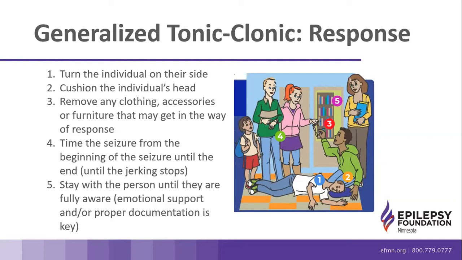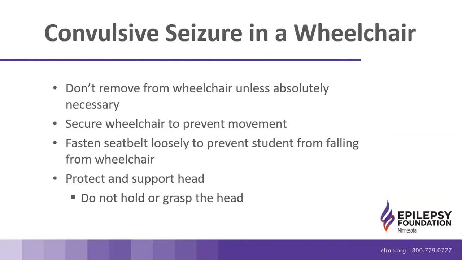And then you want to, of course, stay with them. Many times a person, after the seizure stops, goes into a recovery mode, and it takes some time to fully come back to awareness, to be able to sit up, talk, walk, and just function regularly. So know that somebody should stay with them for that whole time. At times they might need to get cleaned up, especially if they've lost their bowel or bladder functions or they vomited. So it's key to keep someone there with them.